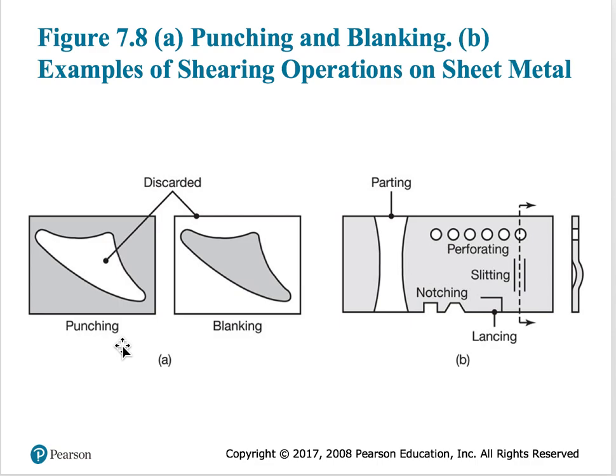If it is blanking, and you need this as the final part, then the outer piece is discarded. So in punching, the material that is punched out is discarded; in blanking, the material other than the blank is discarded.